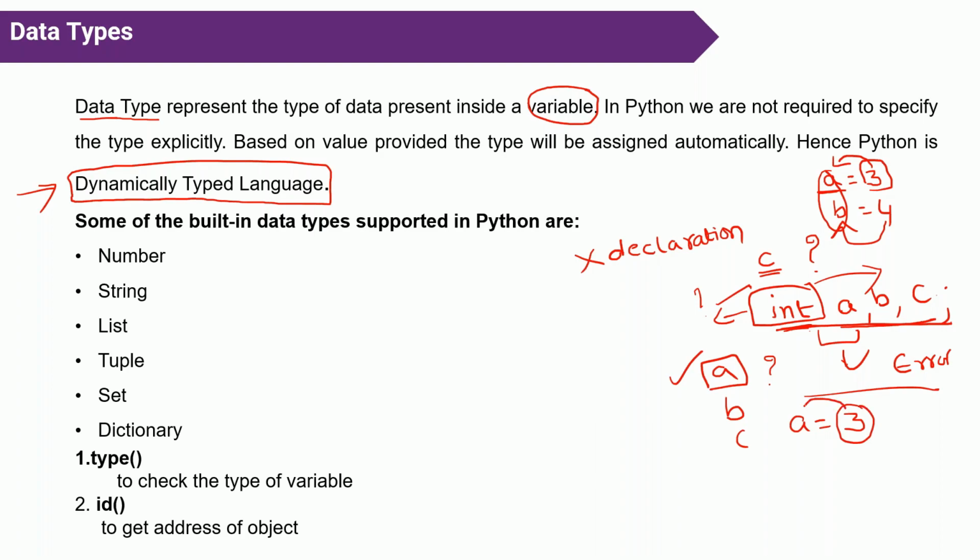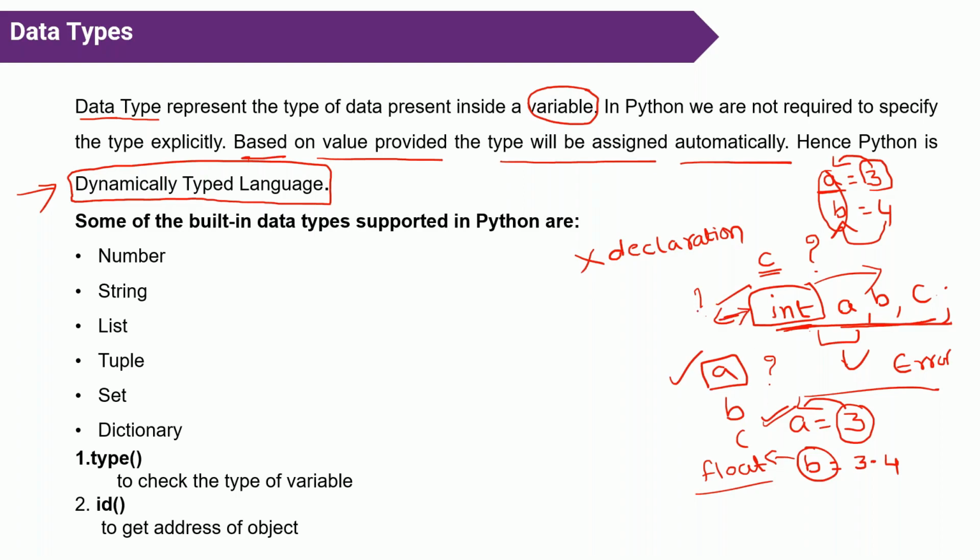So, based on the value that we assign, that becomes a particular data type. So A is equal to 3, A becomes an integer data type. For example, B is equal to 3.4, B becomes a float data type. You got the meaning? In Python, based on the value we provide, the type will be assigned automatically. Except Python, in all the programming languages, first we have to declare the type.